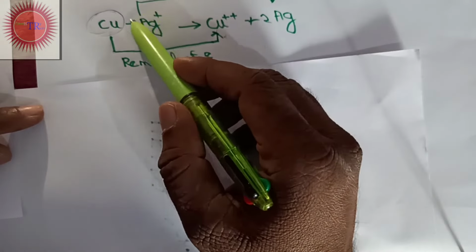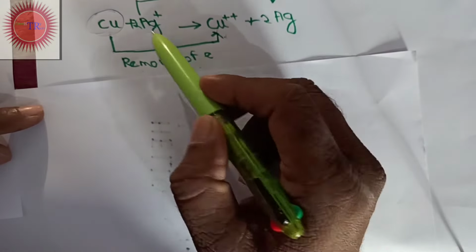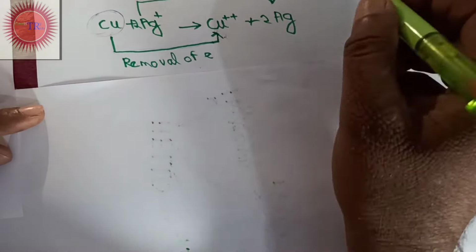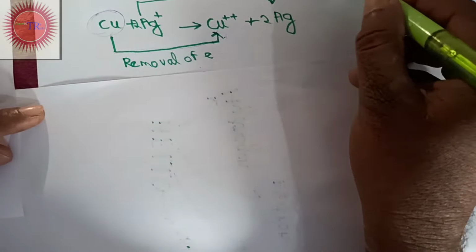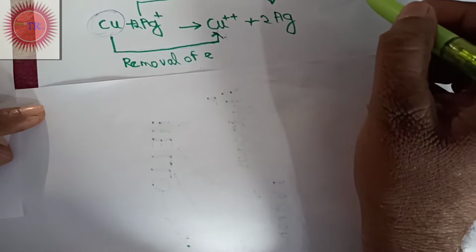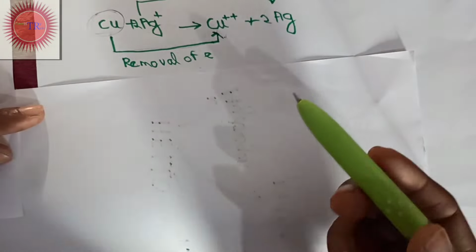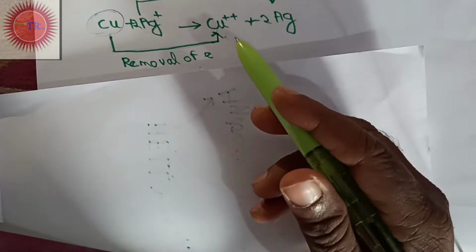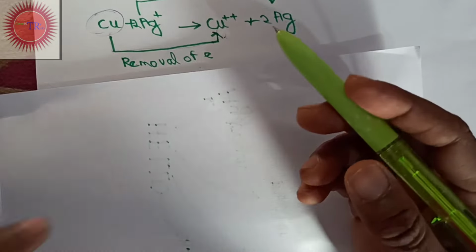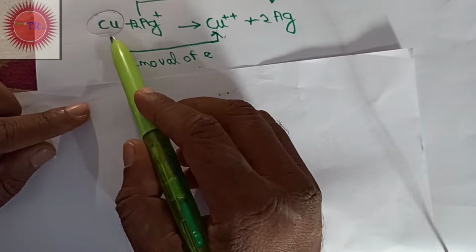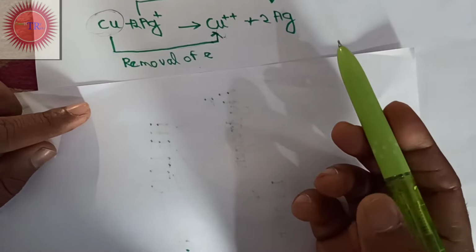So this is oxidation and this is the reduction, because it gained electron. By the trick, you know that reduction is gaining what? Electron. Okay. So Cu is oxidized and Ag plus is reduced.